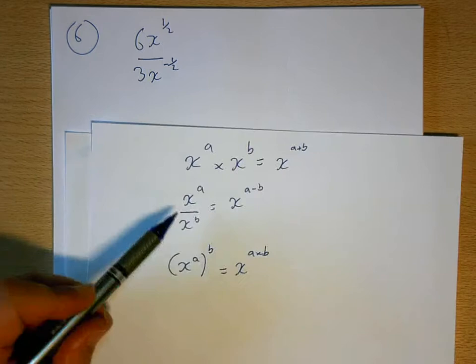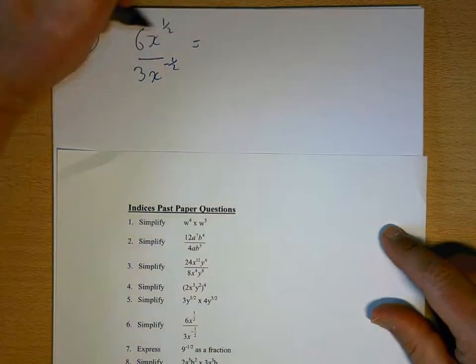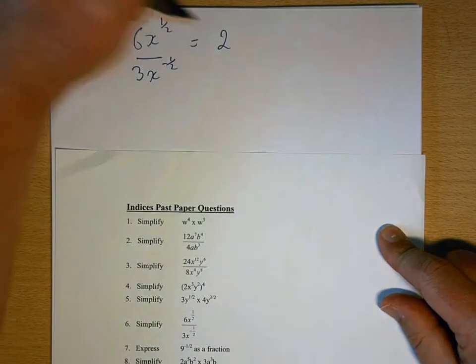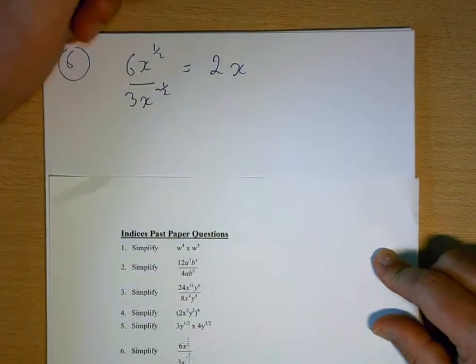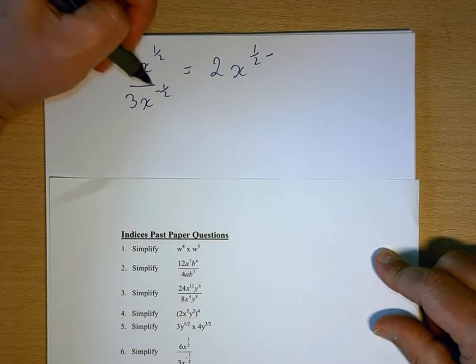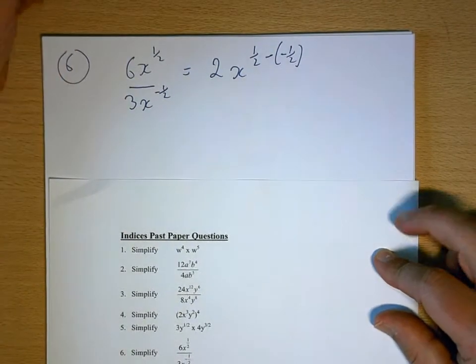When you're dividing, you subtract the powers. So where we have to be careful here, 6 divided by 3 is fine, that's 2. And then we're going to have x, and then it's going to be a half, take away, and that's already negative.